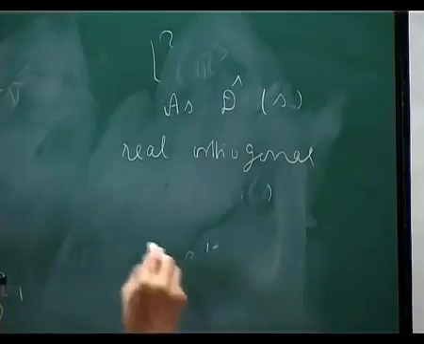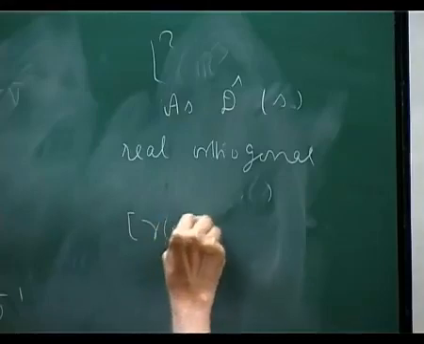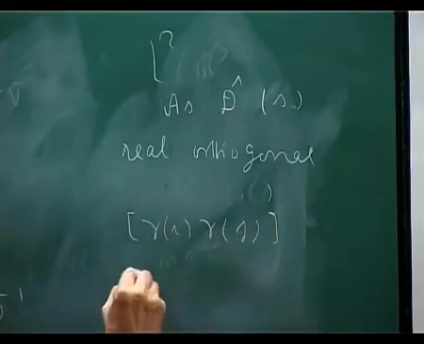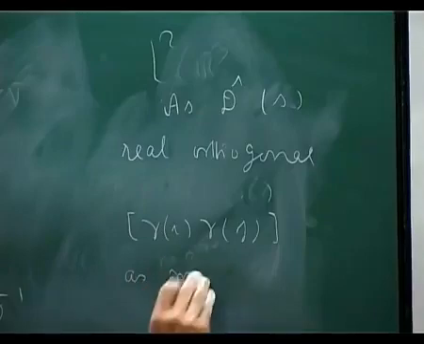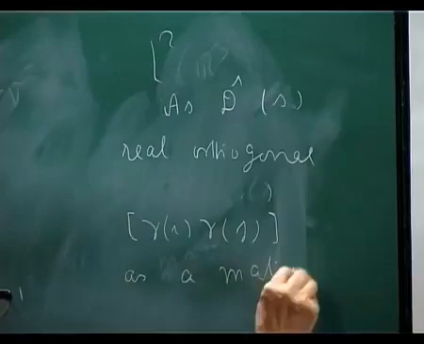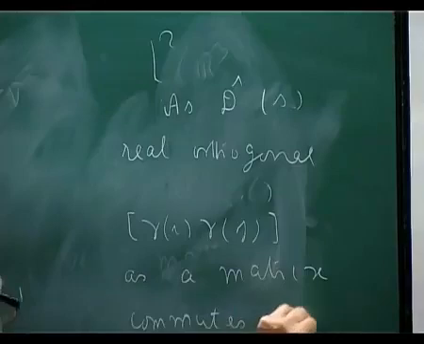I find that this object here, this matrix gamma i gamma j, as a matrix, commutes with D hat of S.